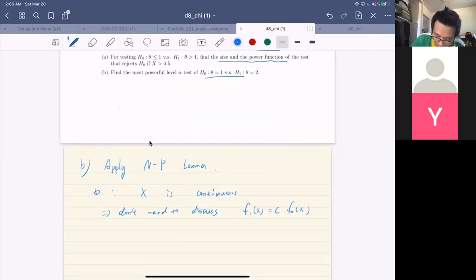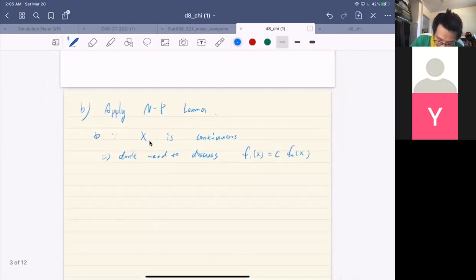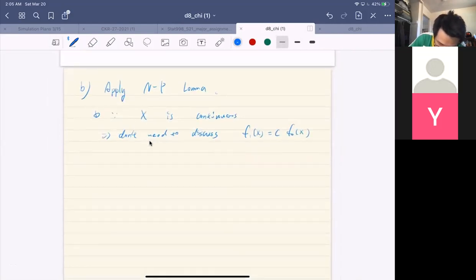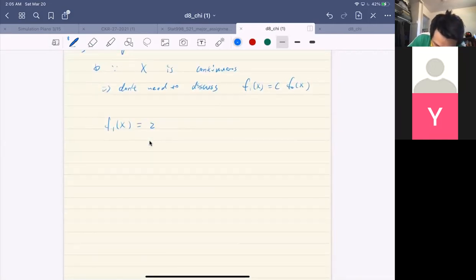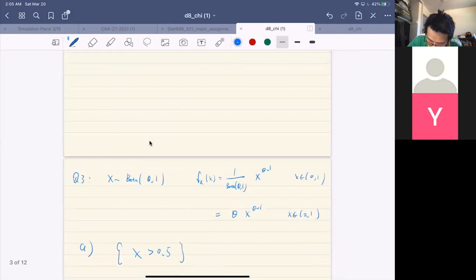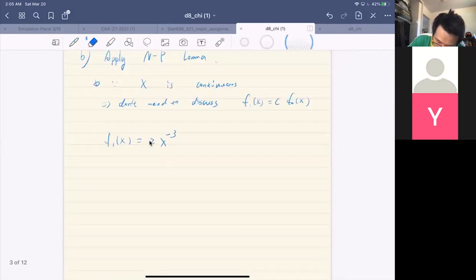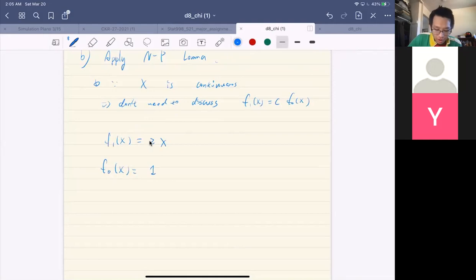Okay, so let's find the most powerful test. f1(x), where theta equals 2, is 2 x to the power 2 minus 1, so it's 2x. f0(x), when theta equals 1, is 1. Looks good.